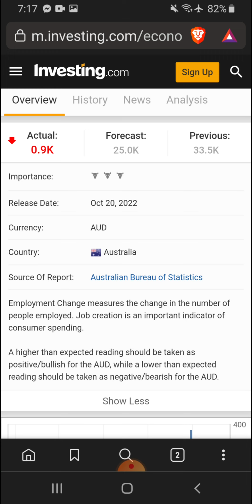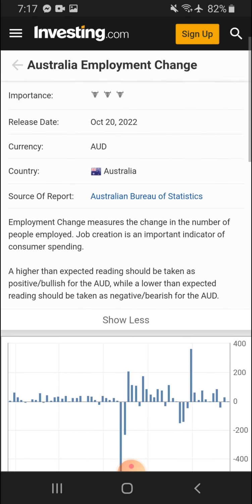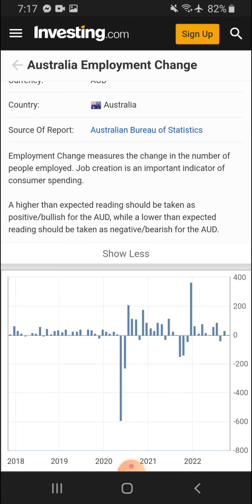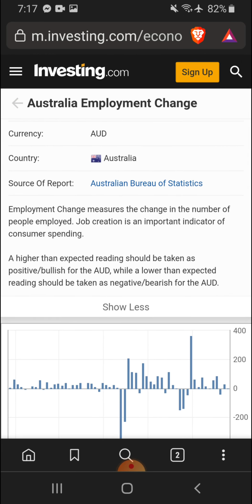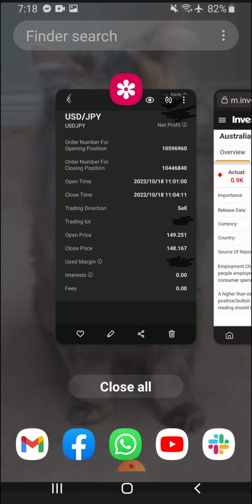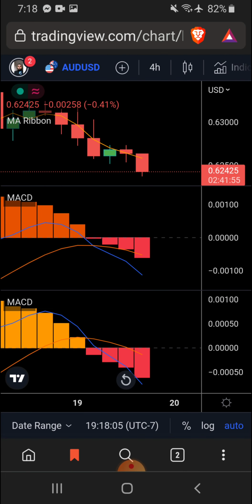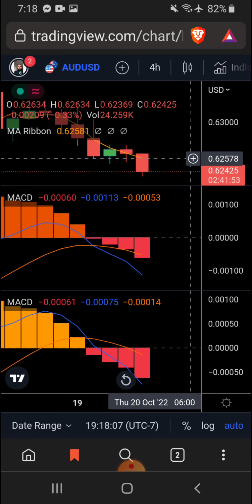However many people, something caused a lot of job decline, at least in the month of September. Whatever the reason was, it was a huge decline from the last time. So that seemed to have caused the heavy sell-off in the Australian dollar. Perhaps it also affected the New Zealand dollar as well.